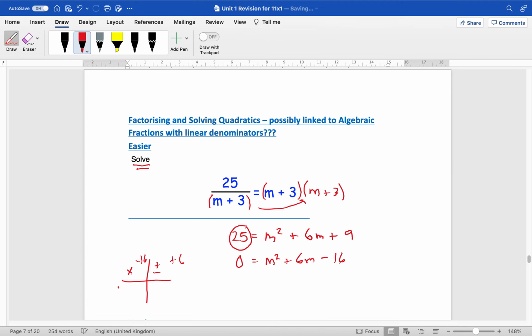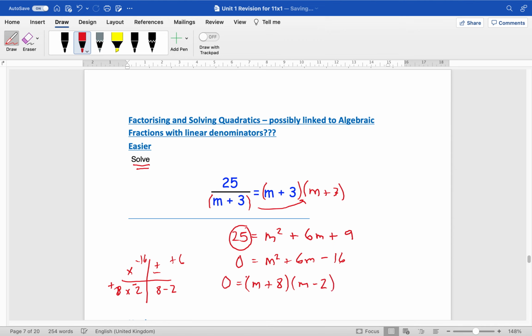And my two numbers here are 8 times 2 and 8 take away 2. And it works because if the 8 is plus and the 2 is minus, then they would times to make the negative I want. Great. So to factorize it, we get m plus 8, m minus 2.